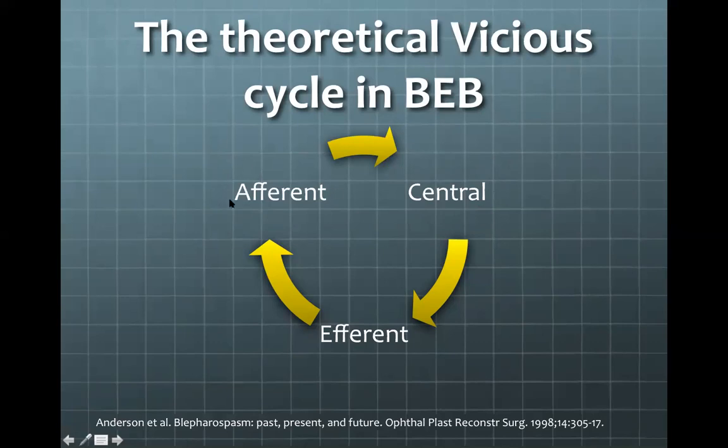Almost all patients have photophobia, so with light, the basal ganglia will excite and cause a blepharospasm, and blepharospasm will increase the hyperexcitability in the basal ganglia. This is important. We'll talk about it in the management.